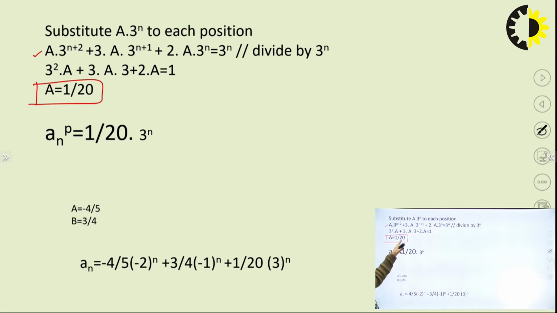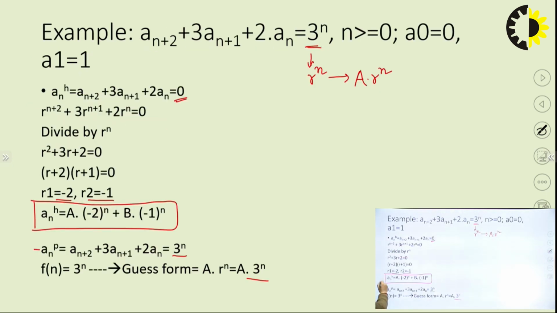The value of constant a after solving this equation comes out to be 1/20. Now my particular solution was a·r^n, so this is the particular solution which I have got for this question. And my previous solution for the homogeneous relation was this.